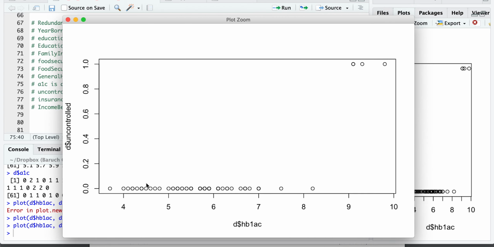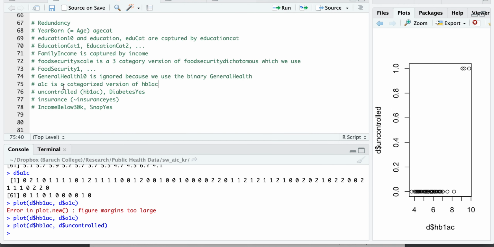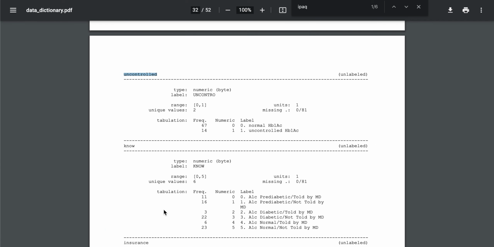Again, uncontrolled is a truncated version of HB1AC. Somewhere here there's a truncation going on, so we don't take this. Okay, let's see what else do we have.